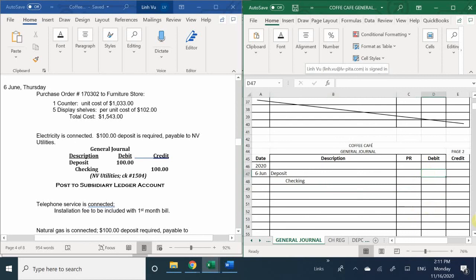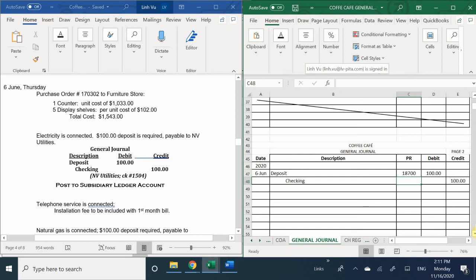So what account number is my deposits? 18,700. Good.